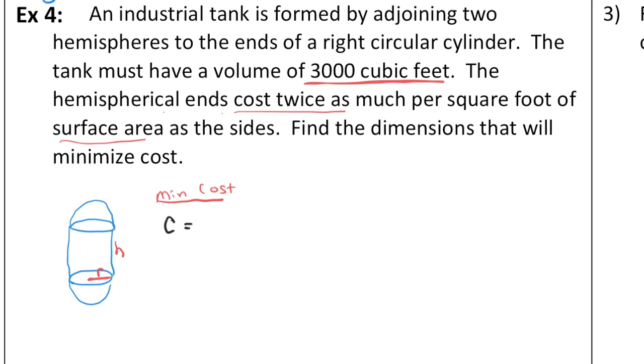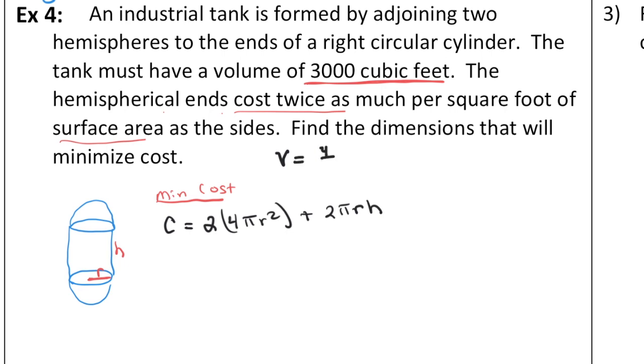Your cost is going to be equal to twice as much of the sides for the hemispherical ends. That surface area of a hemisphere is 4 pi r squared. We're going to multiply that by 2. But then we want the surface area of the sides of the can, and that's going to be 2 pi r h.